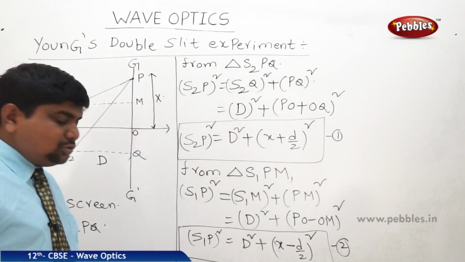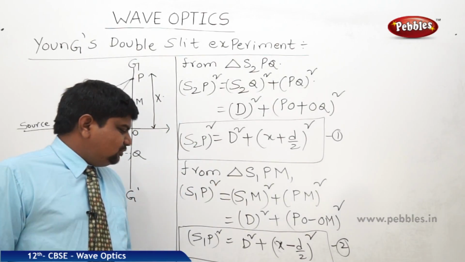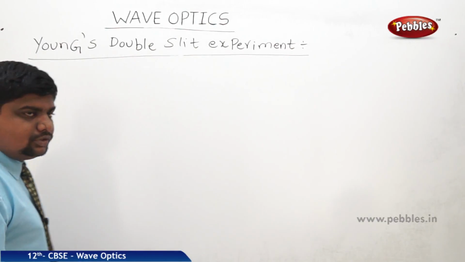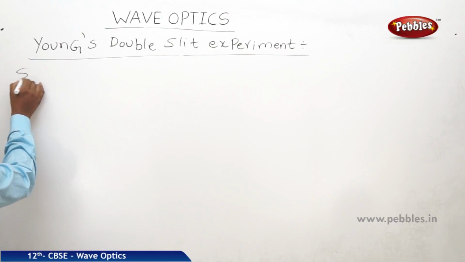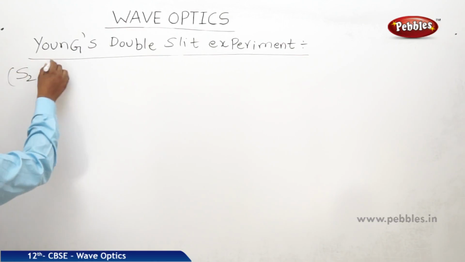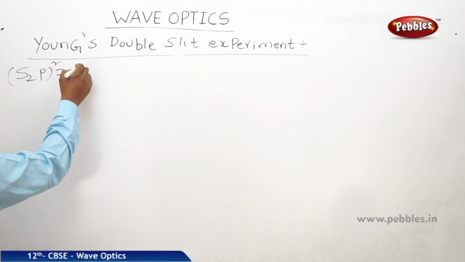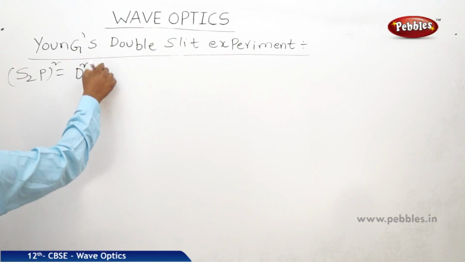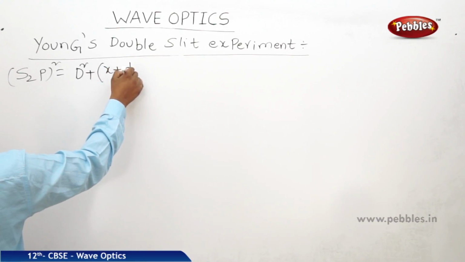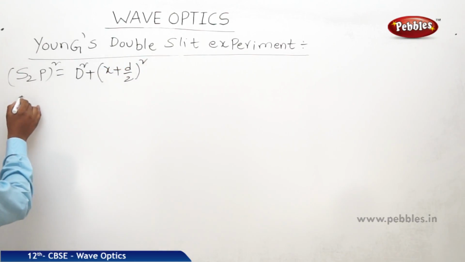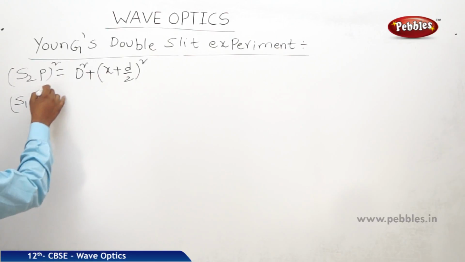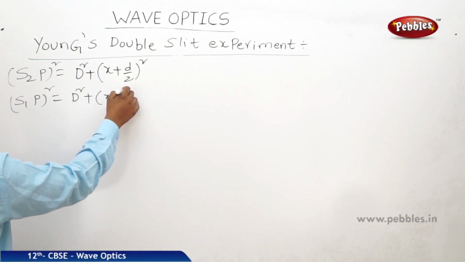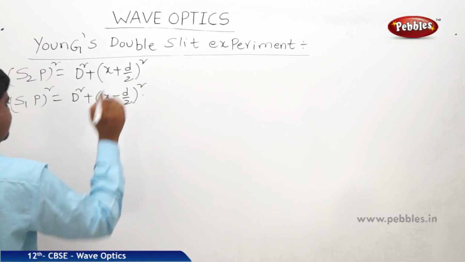And now we will solve these two equations by taking S2P whole square minus S1P whole square, and we will get one equation. So we got S2P whole square is equal to D square plus x plus d by 2 whole square, as well as S1P whole square is equal to D square plus x minus d by 2 whole square.